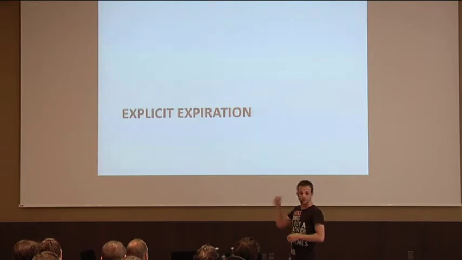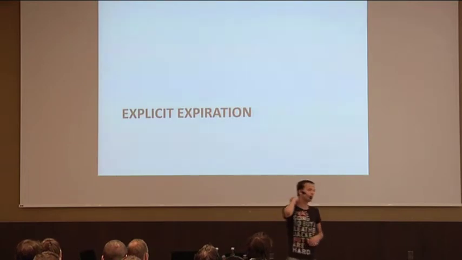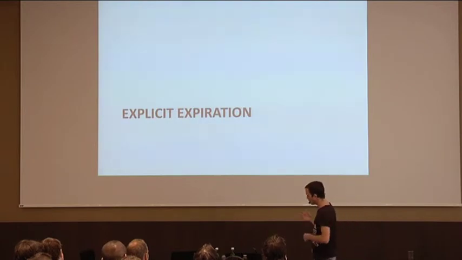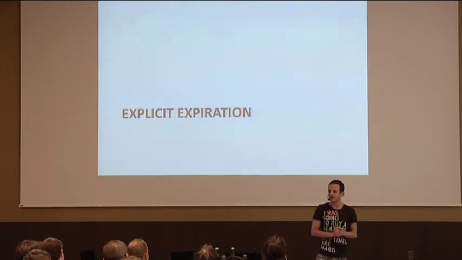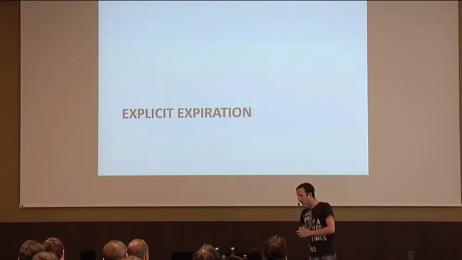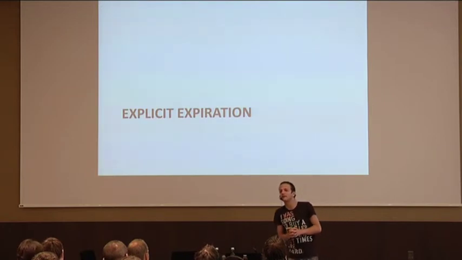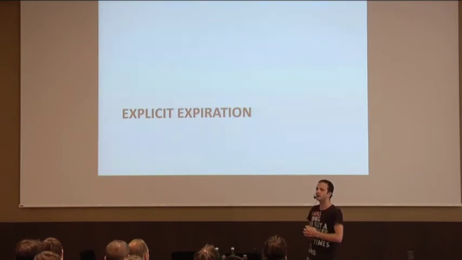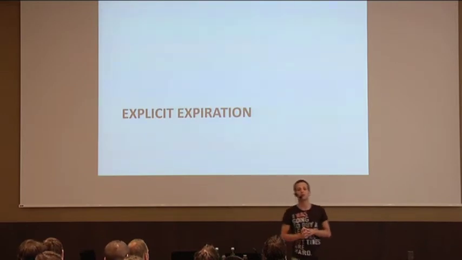The next step is to get more control over when things expire. And this becomes very, very confusing the more we go into it. So we're going to try and take it as slowly as we can, given the time we have. Explicit expiration is going to let us tell the system when the document is not up to date anymore.